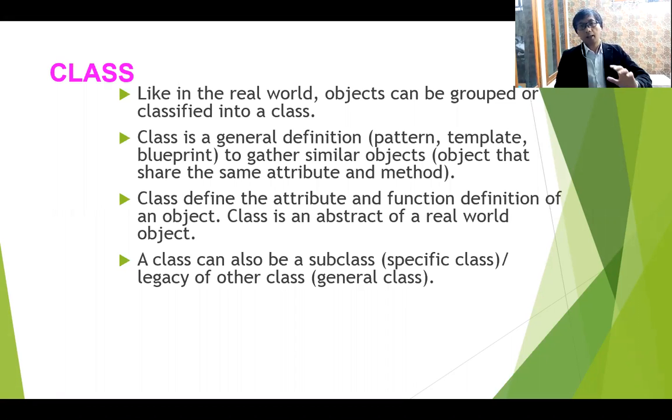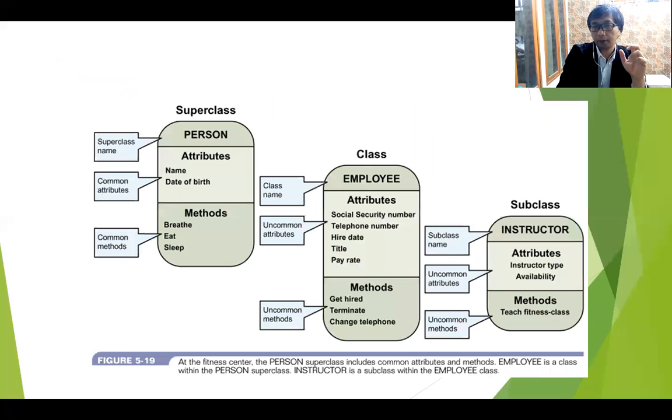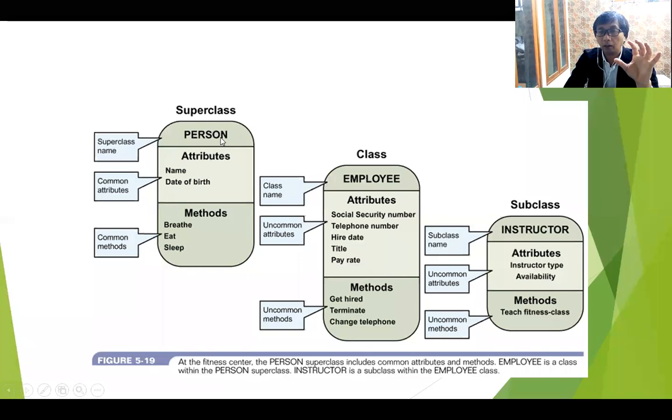Let's say this is a superclass of person. In general, every human or person has a name and a date of birth. This person class is too general. Then an employee is a person, but it has a specific role in the system.